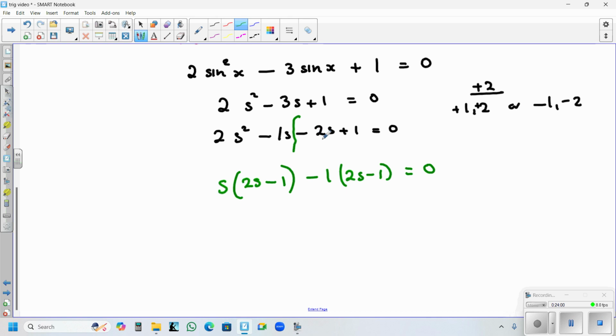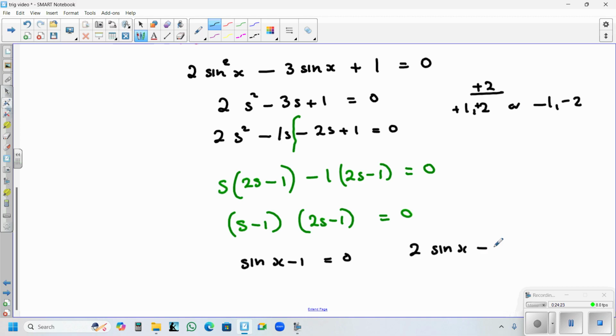Negative 1 times 2s is negative 2s, negative 1 times negative 1 is plus 1. Okay. So my two brackets are s minus 1 and 2s minus 1, equal to 0. I'm going to write that back with sine in it. So I've got sine x minus 1 equals 0, or 2 sine x minus 1 equal to 0.